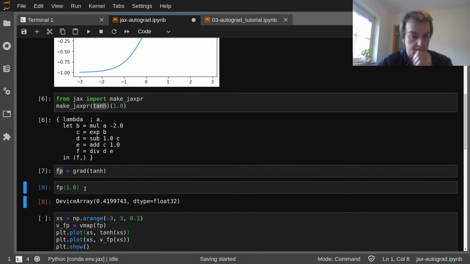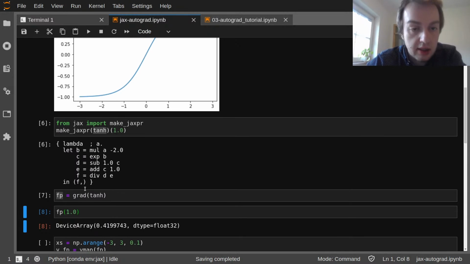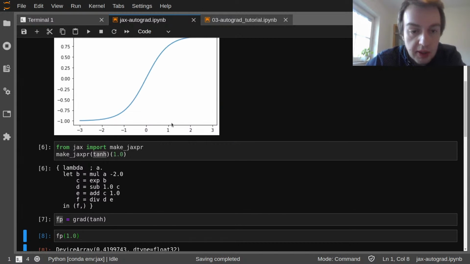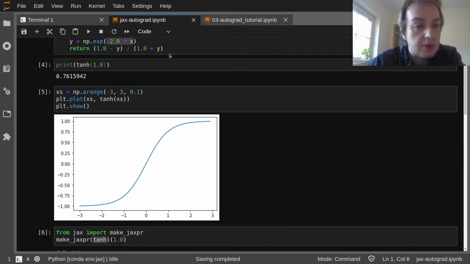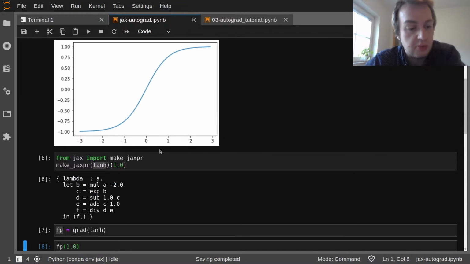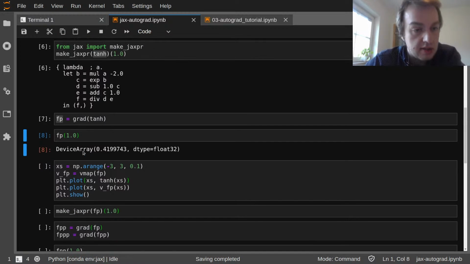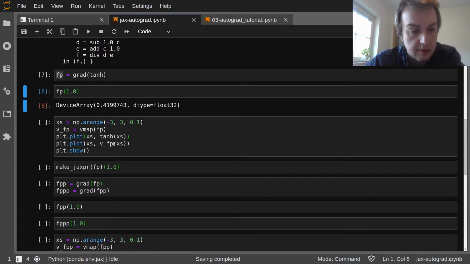So again, if I look at the derivative at 1, before we were considering the value of the hyperbolic tangent at 1, that was 0.76. Now, if you look at the tangent to the curve and the slope of this tangent, that would correspond to the derivative, which is around 0.4.